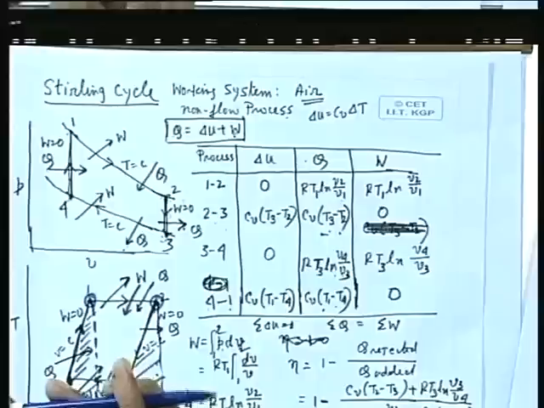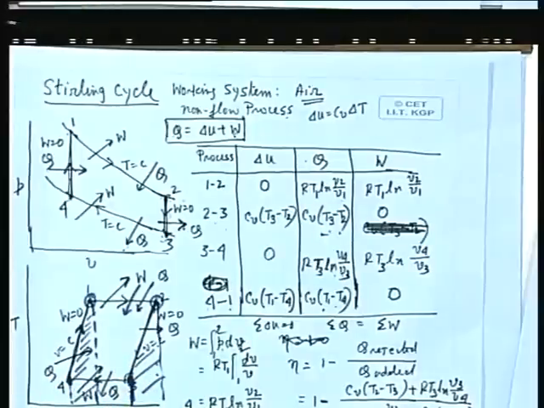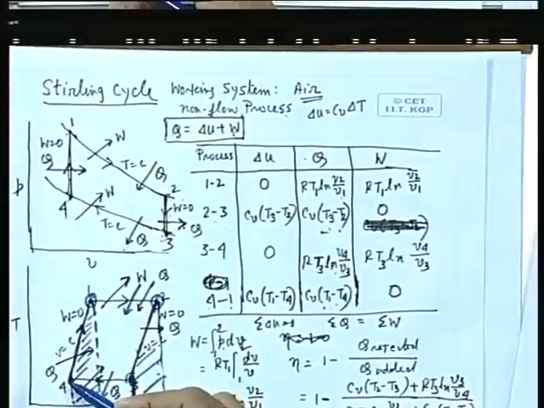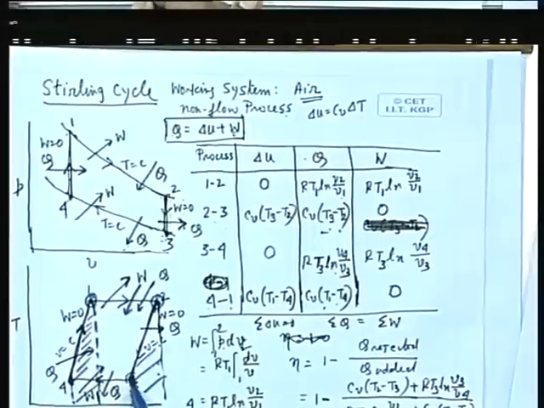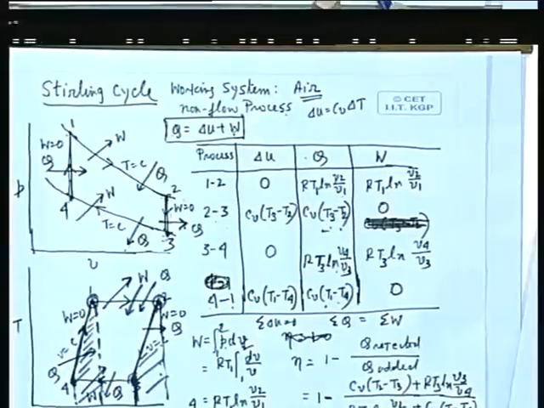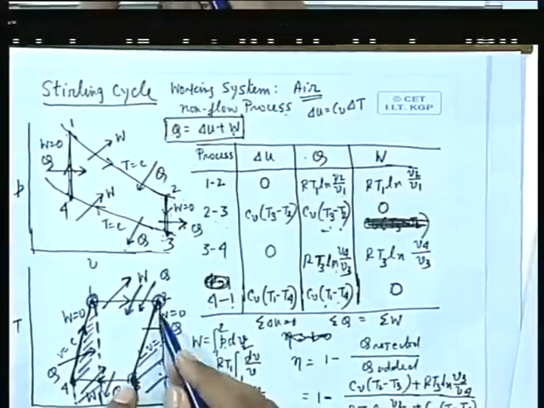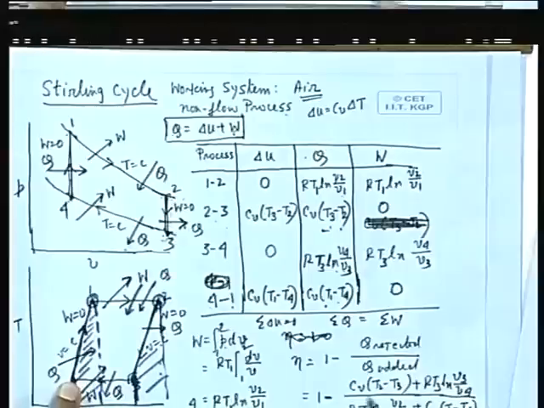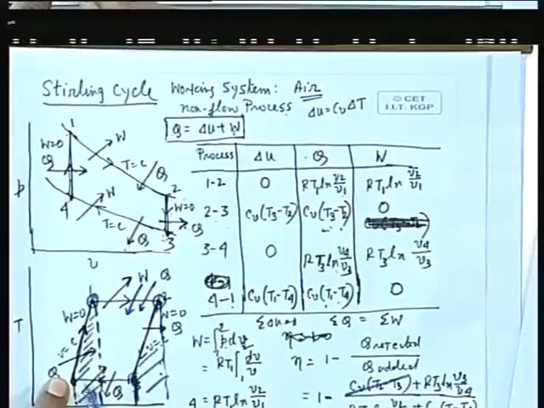In that case we eliminate the heat rejected in the process 2-3 term, because heat is rejected only in the process 3-4, that means the isothermal process.